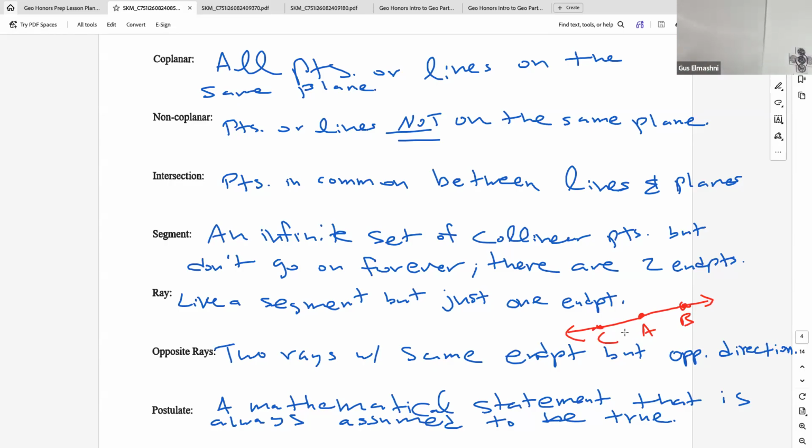If you had a D next to it, like DB and then CA, no, because they overlap. The only thing they have in common is an endpoint. That's it. They cannot overlap.